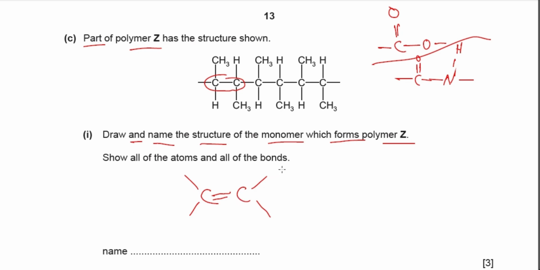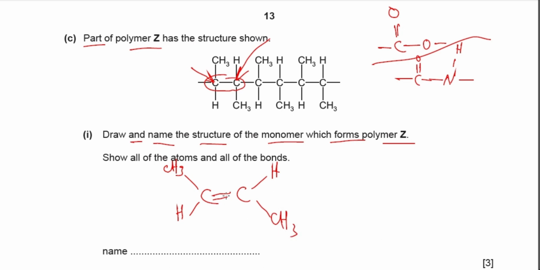Now attach all the other bonds as they were previously attached. To this left-sided carbon atom, we have CH3 to the upside and H to the downside. And to this carbon atom, we have H to the upside and CH3 to the downside.